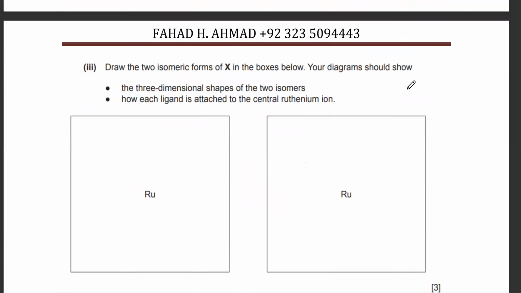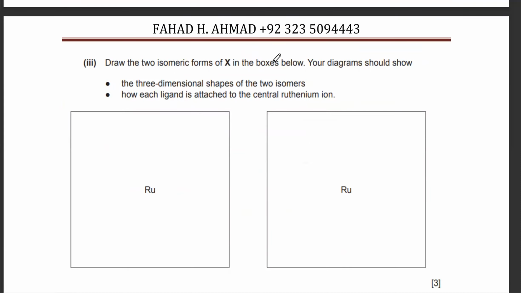The next one is: draw the 2 isomeric forms of X in the boxes below. Your diagram should show the 3-dimensional shapes of the 2 isomers, and how each ligand is attached to the central ion.